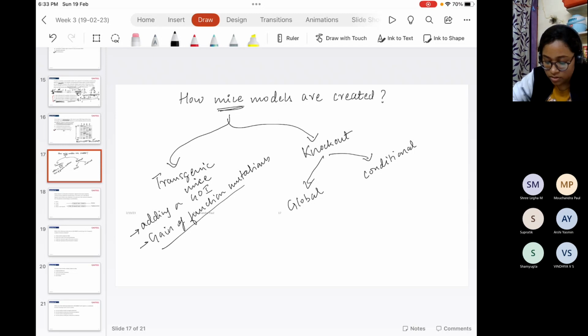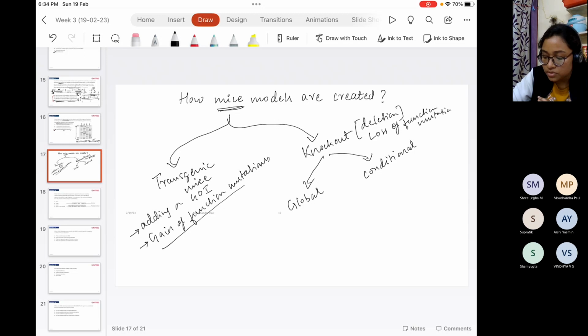Correct? Whereas we knockout, right? Knockout means deleting, deletion. So we are deleting a particular segment of a DNA. It can be one exon or a portion of an exon or 4 or 5 exons of a particular gene. So we are deleting it, and it is generally helpful in studying loss of function mutations.